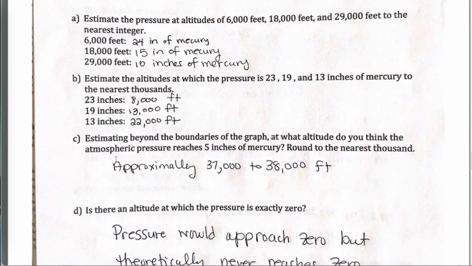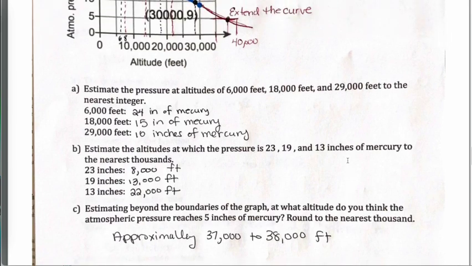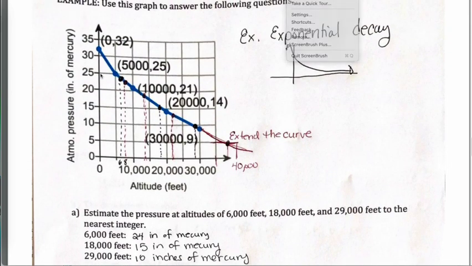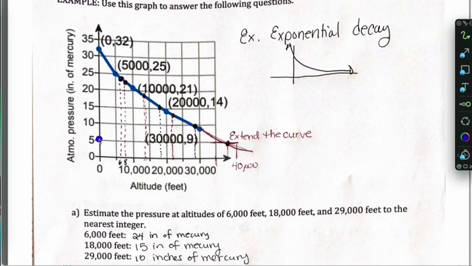Part C says, estimating beyond the boundaries of the graph, at what altitude do you think the atmospheric pressure reaches 5 inches of mercury? And we're going to round to the nearest 1,000. So if we look at 5 inches of mercury, that's right here. But if I come across, it's past this blue model here. The blue model stops here.